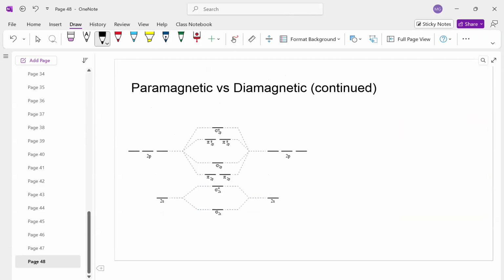Now, finally, let's do this for nitrogen. So N2 has 10 valence electrons. Each nitrogen has 5 valence electrons. So one nitrogen, 5 valence electrons. And again, we could do this for the whole structure, but we're just concerned with the valence shell.